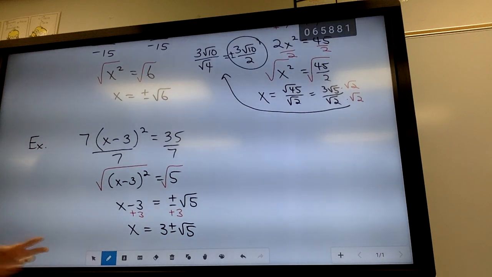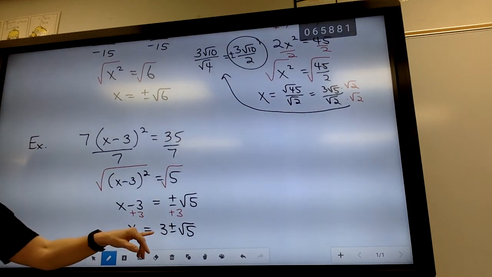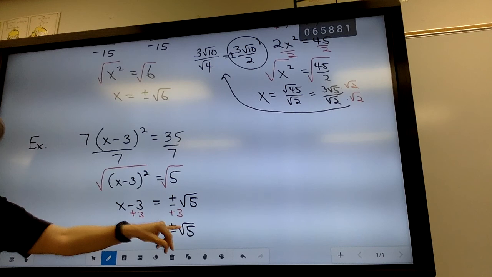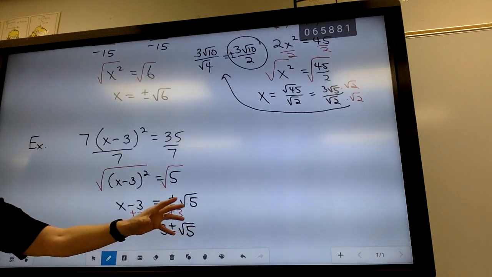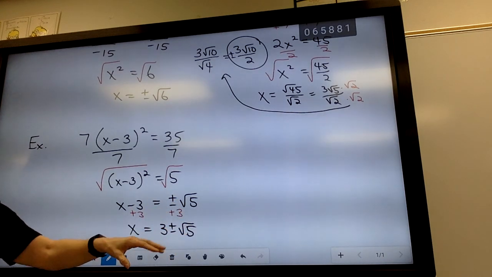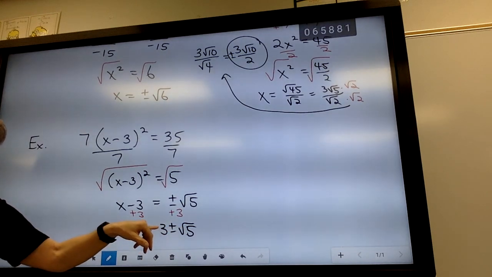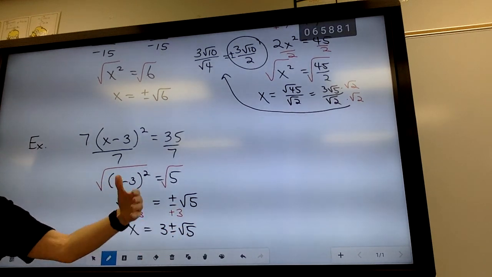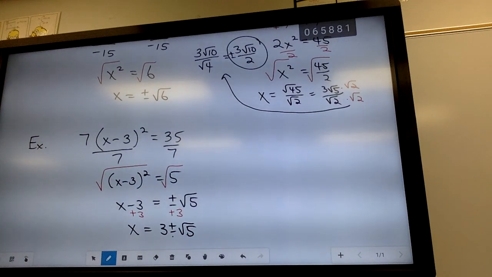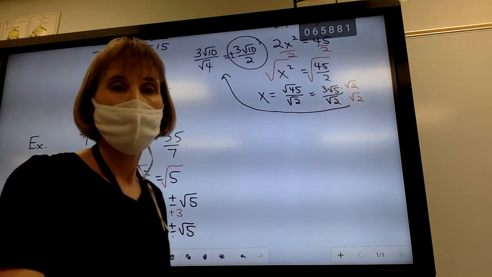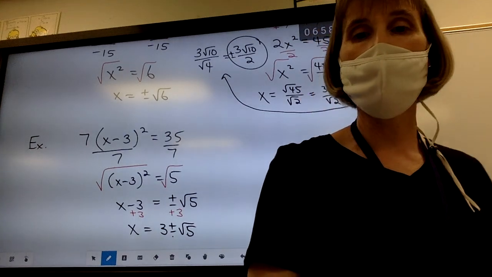That is still 2 answers. If I took 3 and I added the square root of 5, which is roughly 2.1, that's 1 answer. And then if I took 3 and I subtracted that value, that would be my second. Both irrational values, but still values nonetheless.